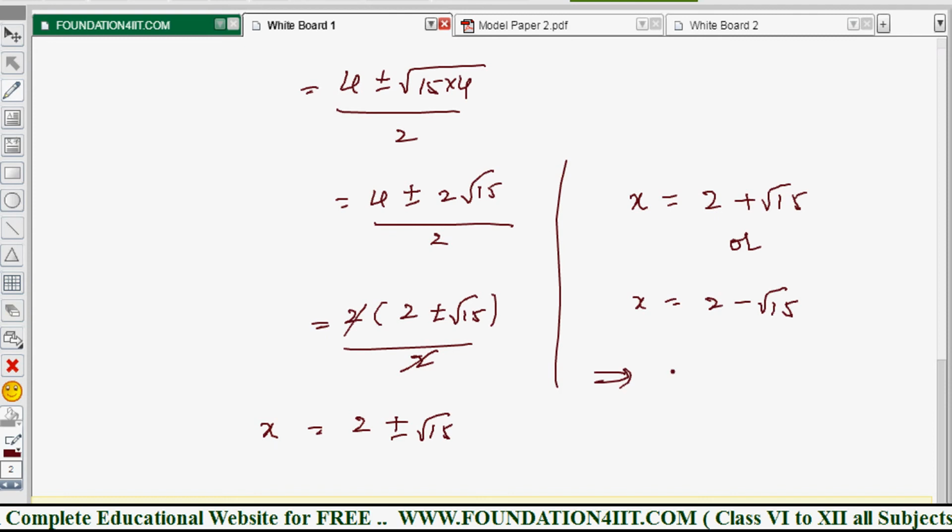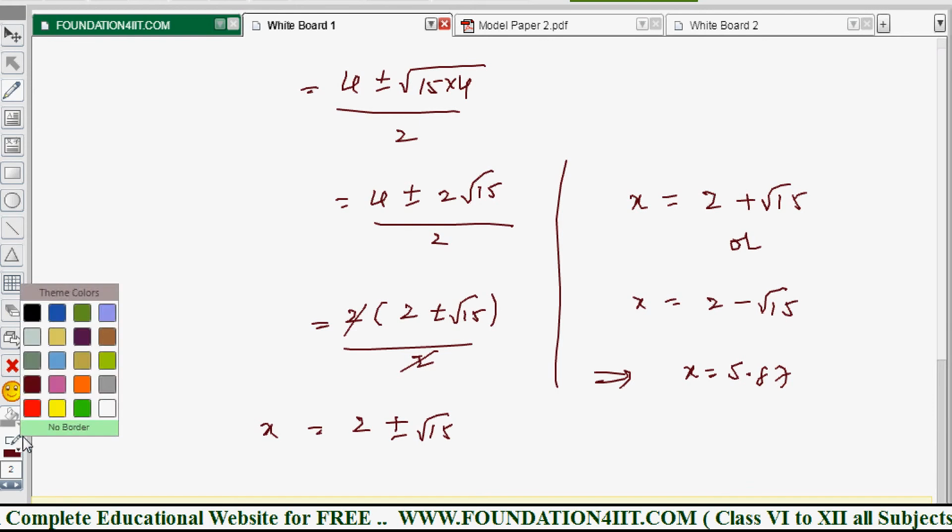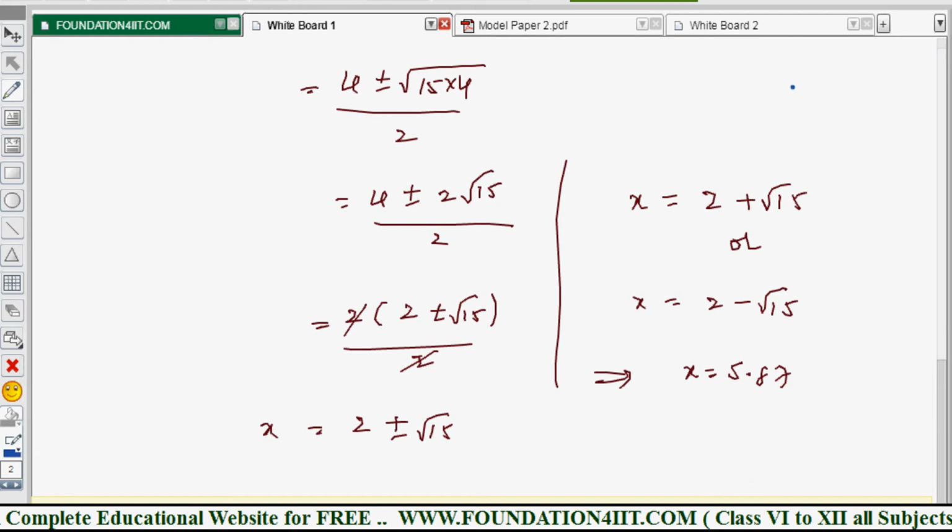So from both of these we'll get x equals 5.87, because root 15 is 3.87. If you use the long division method you can get that: the square root of 15 is 3.87.